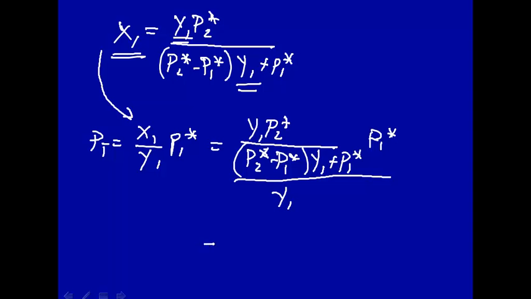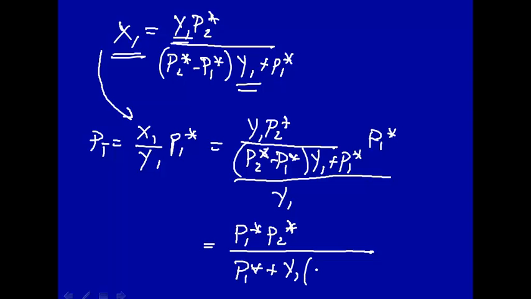So the total pressure is P1 star P2 star, divided by, since the y1 went away, just P1 star plus y1 (P2 star minus P1 star).